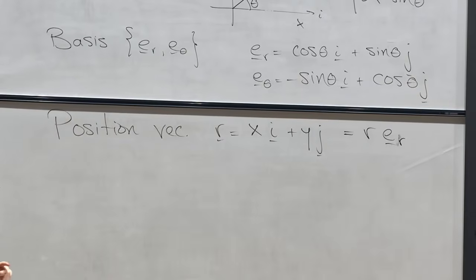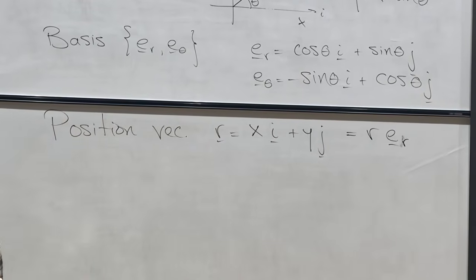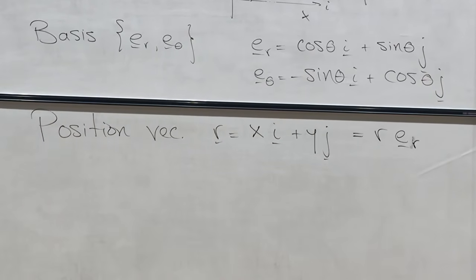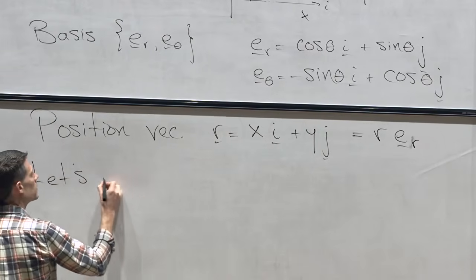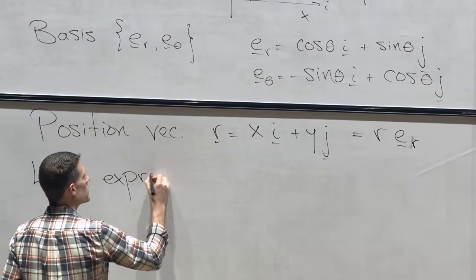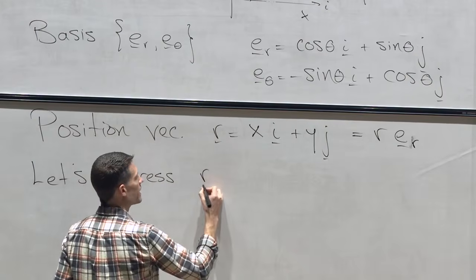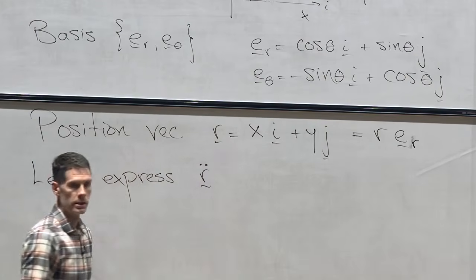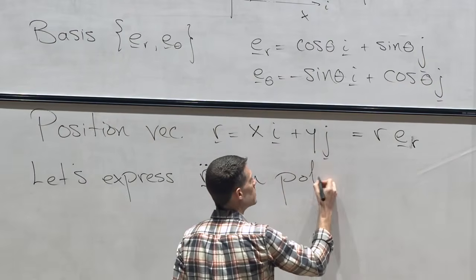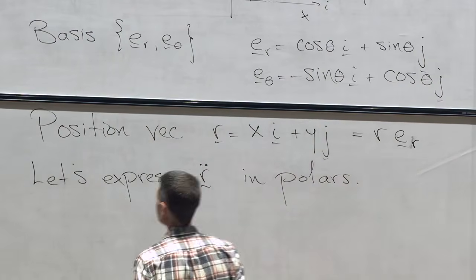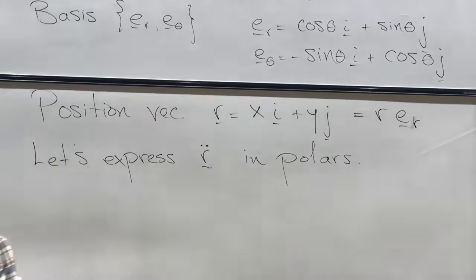Now I want to think about writing Newton's second law in this coordinate system. So let's express vector r double dot in these polars.